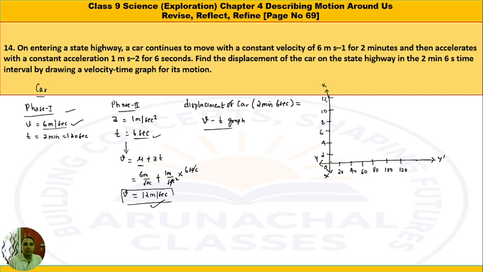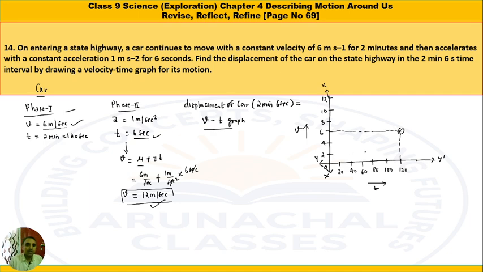So initially for 120 second, this vertical line represents velocity and this horizontal line represents time. So for 120 second, the velocity of the car remains 6 meter per second. So I have to plot 126. Till 120 second is not completed, the velocity of the car remains 6 meter per second. Then what happened?